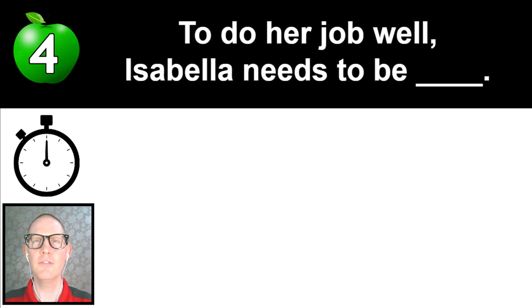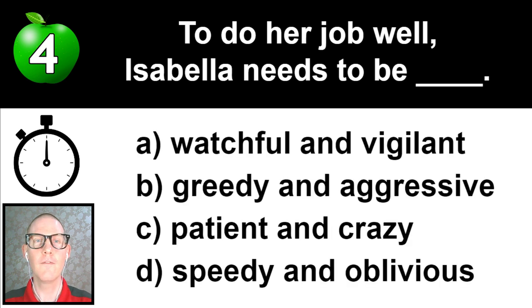Question number 4. To do her job well, Isabella needs to be A, watchful and vigilant, B, greedy and aggressive, C, patient and crazy, D, speedy and oblivious. What do you think?